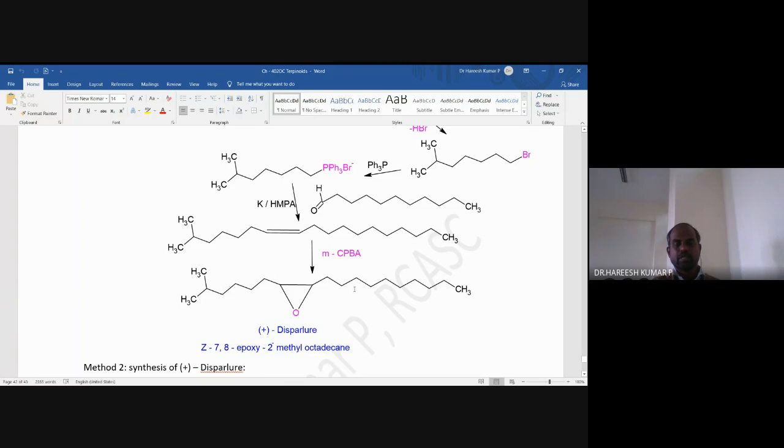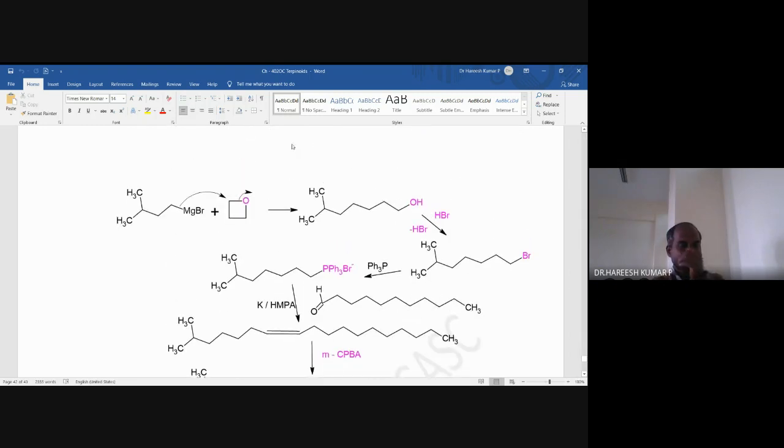So this is about the first method of synthesis of Disparlure. I think it is clear, no? The first step is the Grignard reaction. Then how can you get this oxetane? I think you are aware of the 2+2 cycloaddition. Take an aldehyde, more particularly formaldehyde.